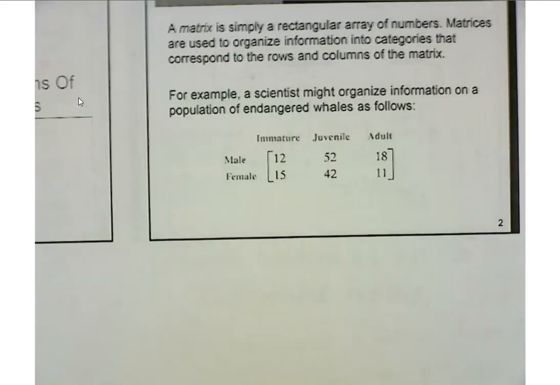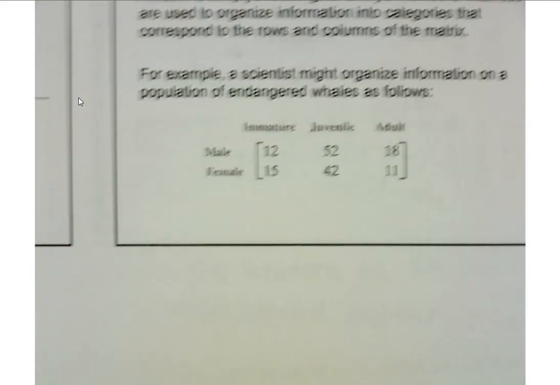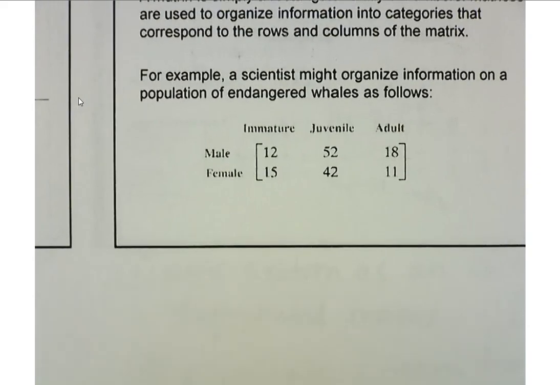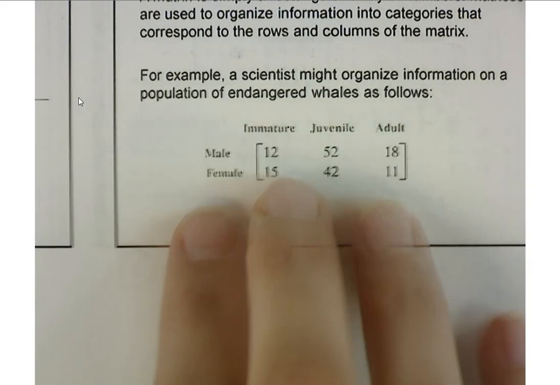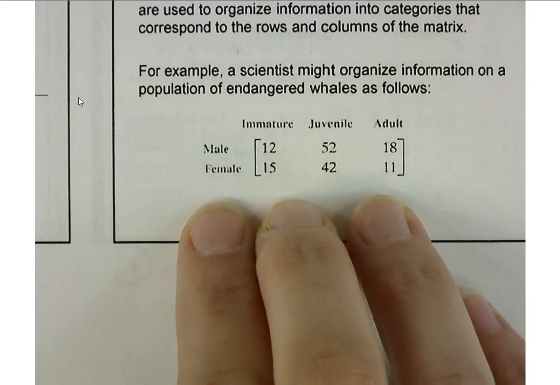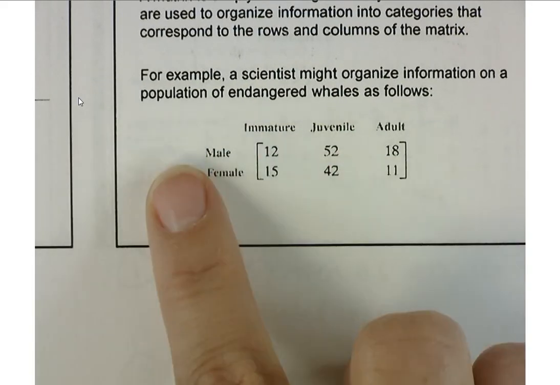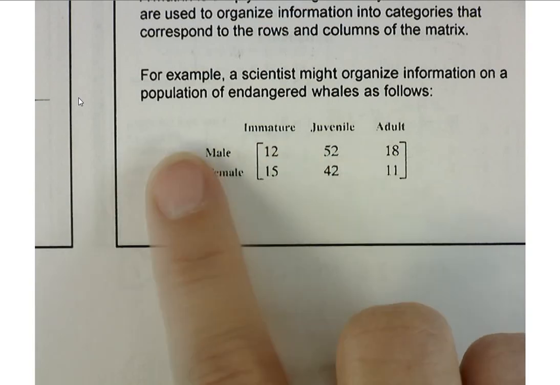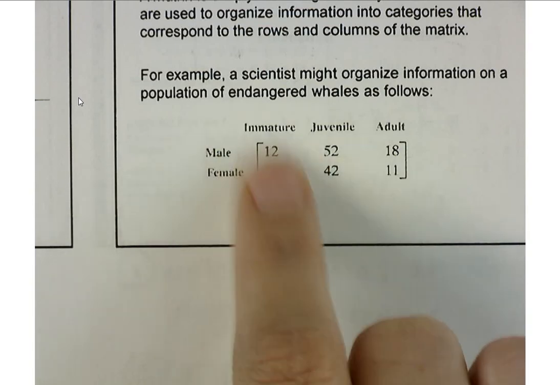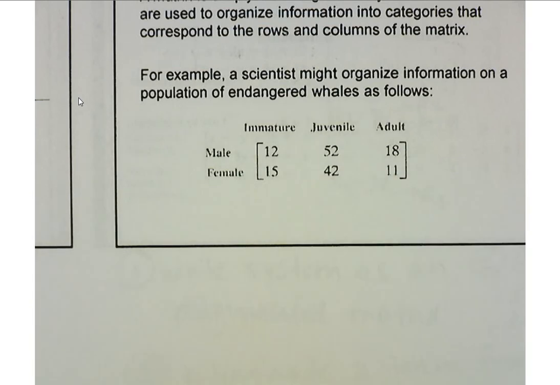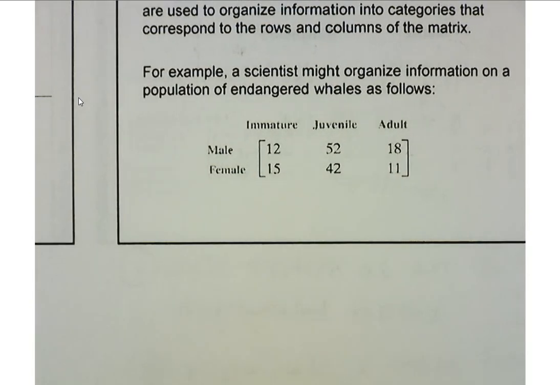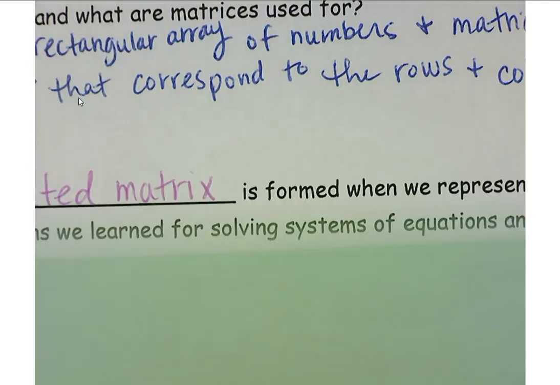If you are a scientist studying a population of endangered whales, you might organize your findings into a matrix. The different types of whales are your rows, and then the male and the female, and then the different types would be your columns. That's a way to present your findings in something that's easily readable.